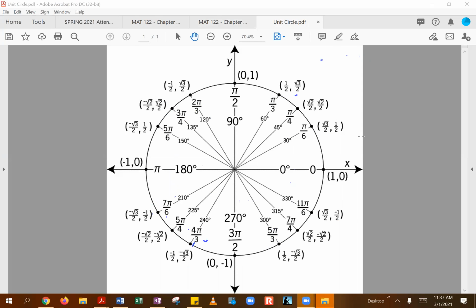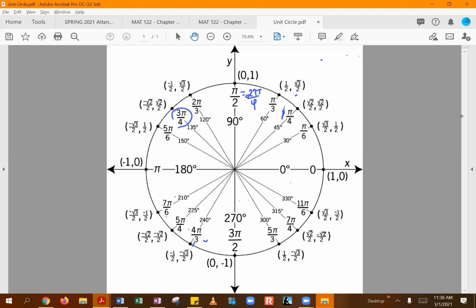Where is our 9 pi over 4 going to fall? The first quarter, Abdul Aziz. Okay. So you've got basically 1 pi over 4. This guy will be technically 2 pi over 4 because that simplifies into pi halves. This guy is 3 pi over 4. This guy would be 4 pi over 4.